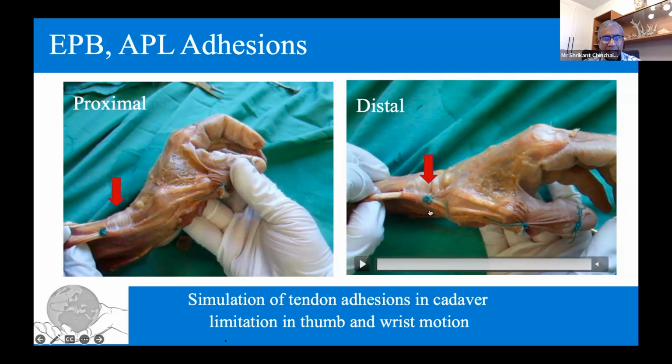Or if the patient had tendon transection and tendon repair distal to the extensor retinaculum, the patient will have difficulty performing radial deviation as well as thumb extension at the CMC, MP, and IP joint and thumb abduction. So simulating these clinical scenarios in a cadaver dissection definitely gave us an in-depth idea as to how these patients should be managed.